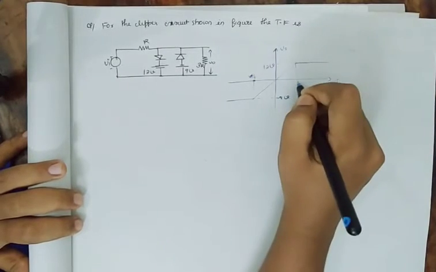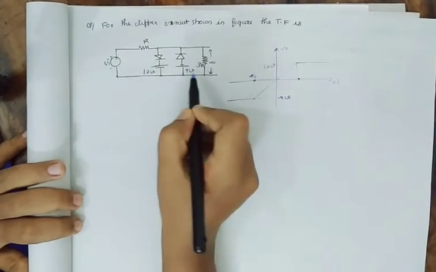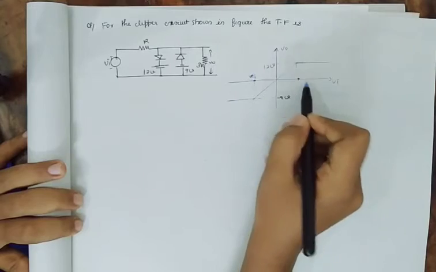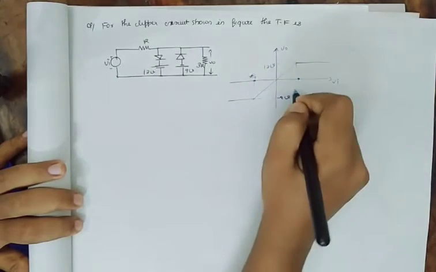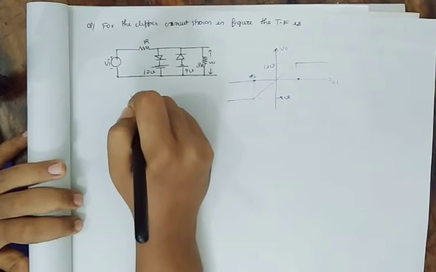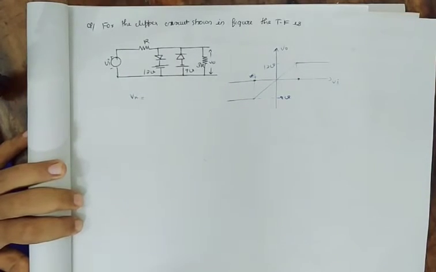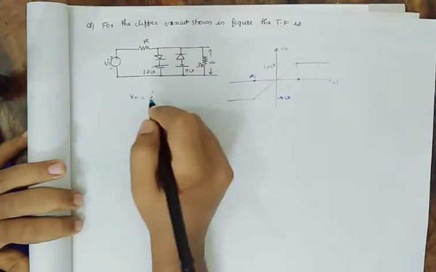You have to find these 2 points. So when VI is equal to, let this be Vx for example. So Vx equal to, we have to find what the VI was at that point.